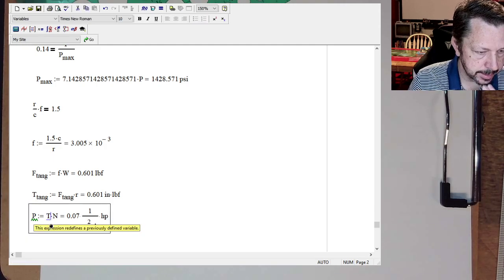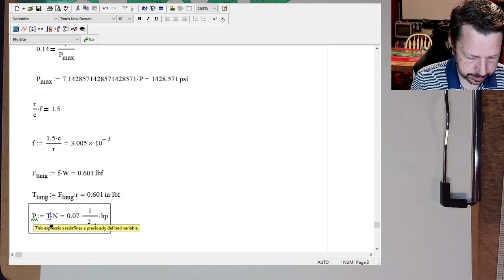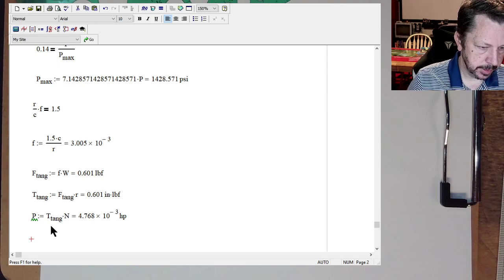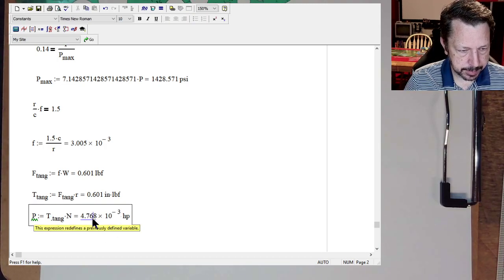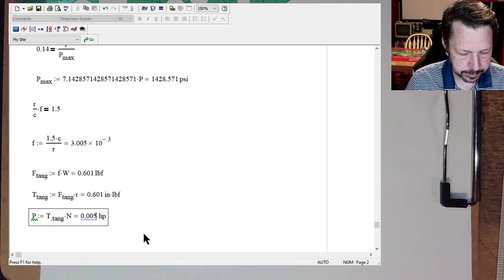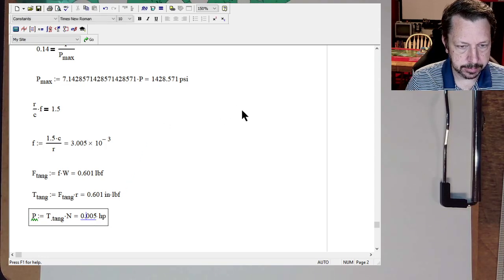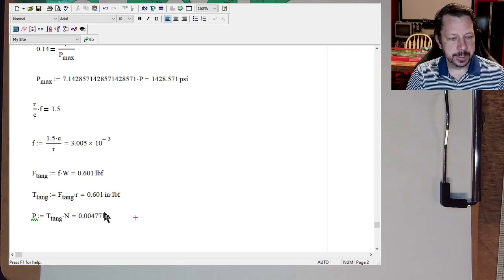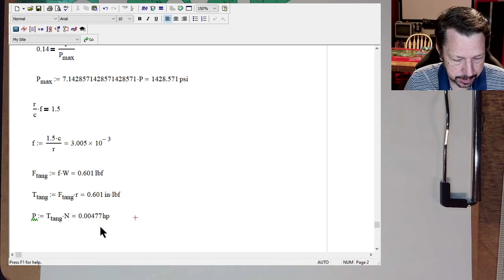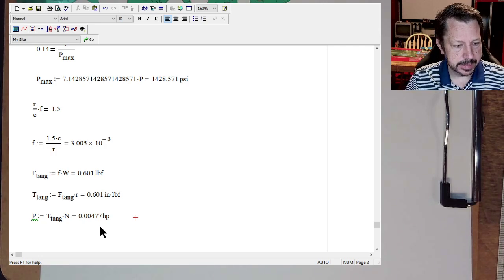Oh, because it's T tang. There we go. Not many horsepower are being lost. 0.005 horsepower. Actually, it's probably more like 477 horsepower. All right. So not a lot of horsepower loss on our setup here.